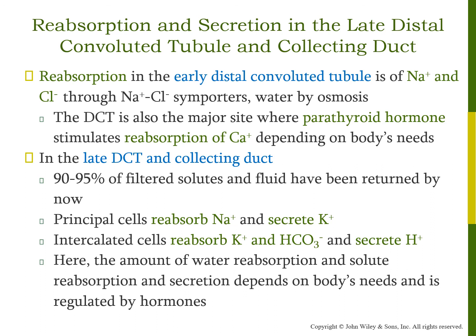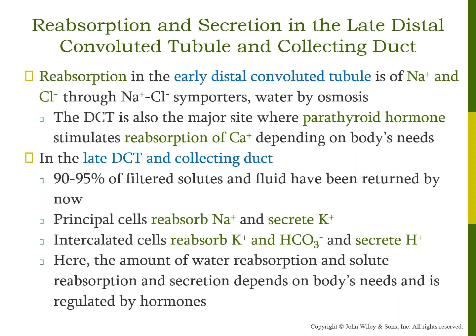By this time, 90 to 95% of the filtered solutes and fluid have been returned to the blood. Note that there are 2 kinds of cells that make up the tubule in this region. They are the principal cells and the intercalated cells.